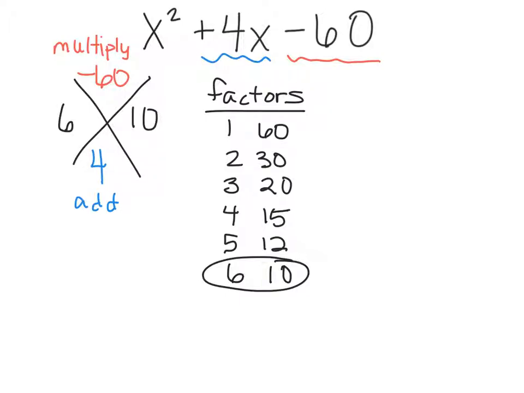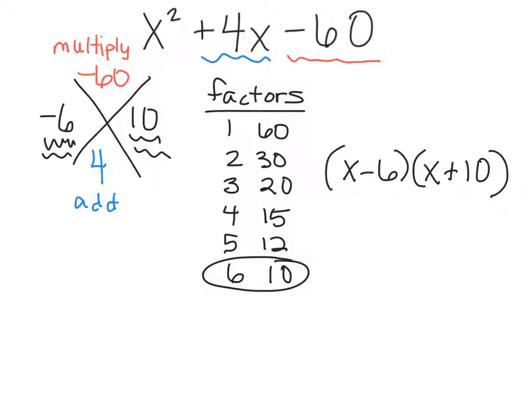Well, one of those needs to be negative because 6 times 10 is not negative 60. I want the 10 to be positive and the 6 to be negative because I want negative 6 plus 10 adds to 4. So when the leading coefficient is equal to 1, these two numbers that I just came up with are what go into my parentheses. So the answer to this is x minus 6, x plus 10.